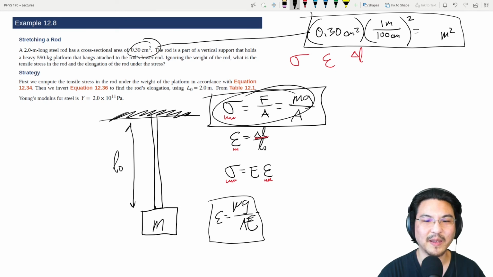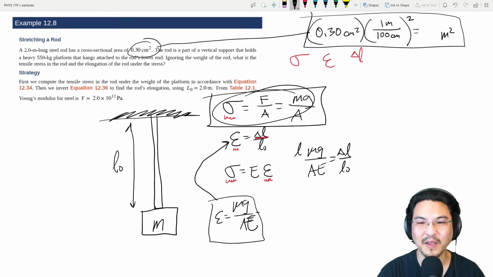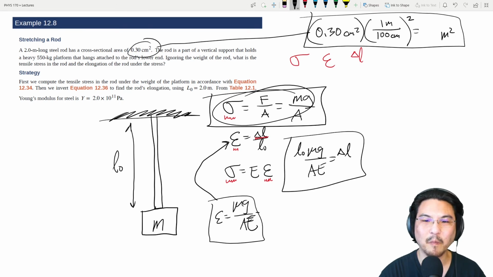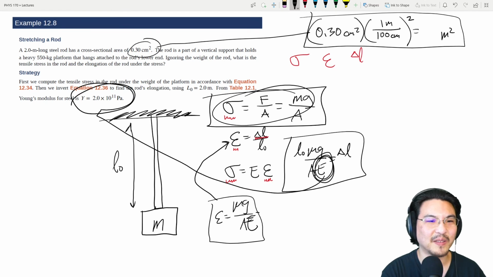And then we take that and put it right there: mg over A E equals delta L over L naught. I'll move the L naught over here. And there you go. This is the elongation. This modulus of elasticity is the Young's modulus right there.